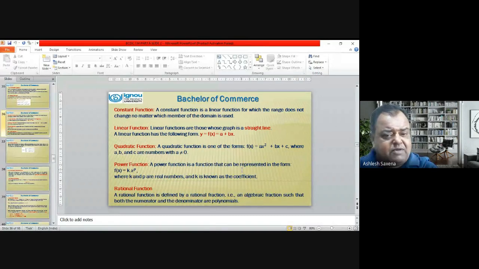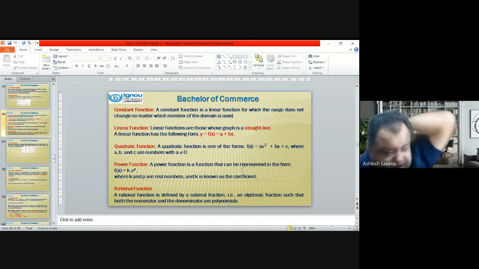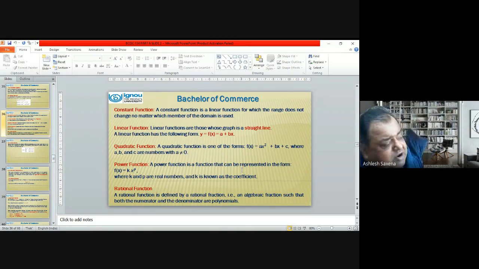The basic form is a plus bx. Then comes your quadratic function. A quadratic function is a function whose variable has a power of 2. It may have a maximum of two solutions. It can have no solution, or equal solutions, or imaginary solutions.